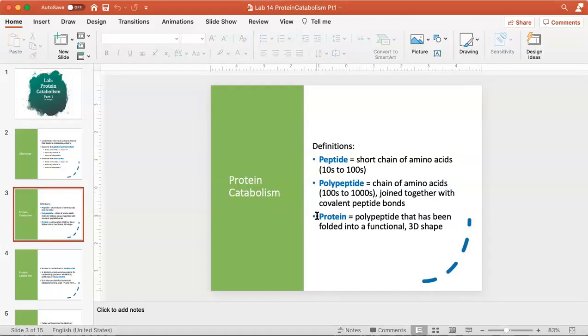A protein then is essentially a polypeptide that has been processed and folded into a functional 3-dimensional shape. One of the most amazing things about proteins, because there are so many of them in nature, is that every protein is different. Every protein has a different sequence of the amino acids inside of it, and it therefore folds slightly differently.